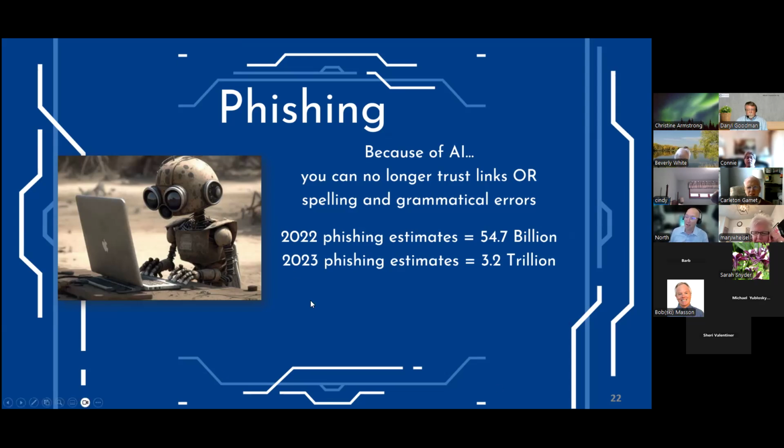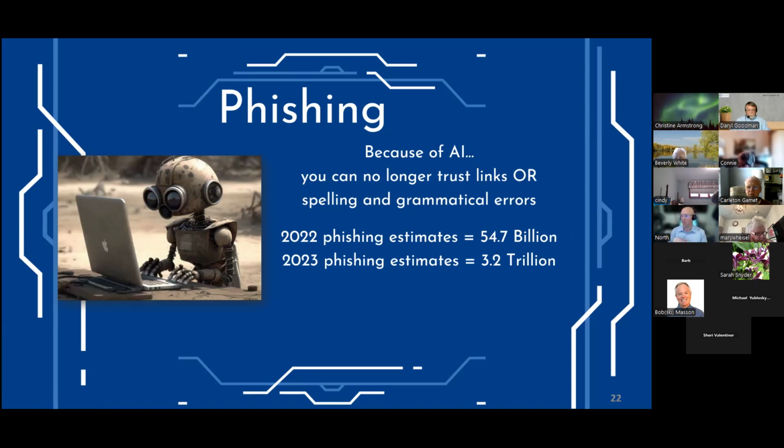And the other thing is the volume of these attacks. In 2022, the total for the year was 54.7 billion phishing emails sent or received by people. One year later, that was 3.2 trillion. If we put that on a bar graph or a line graph, that's a hockey stick.